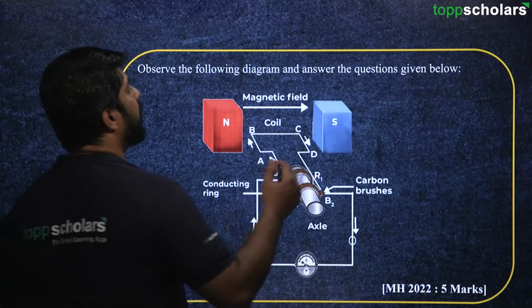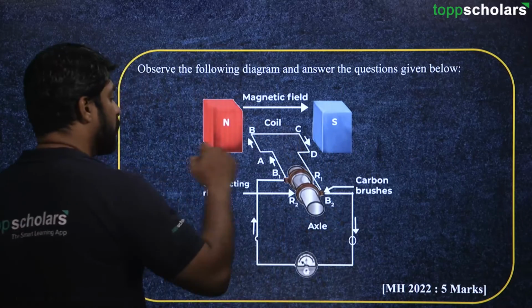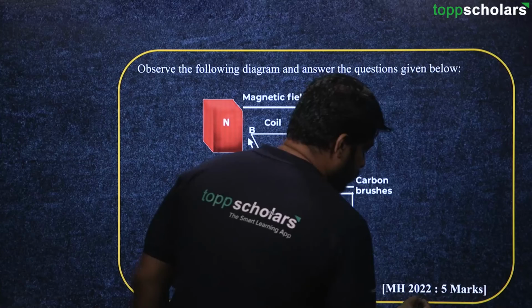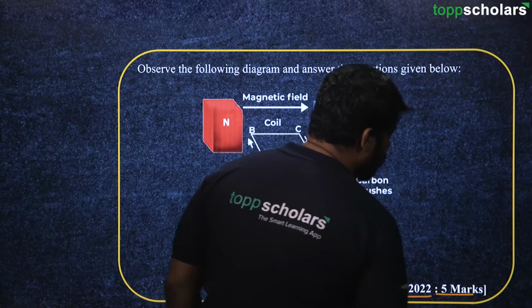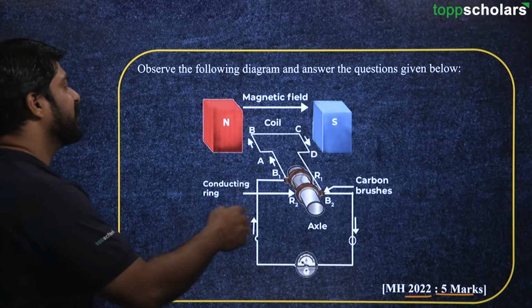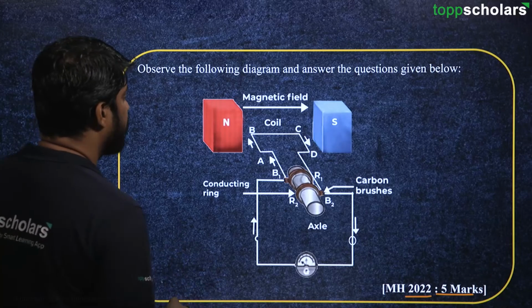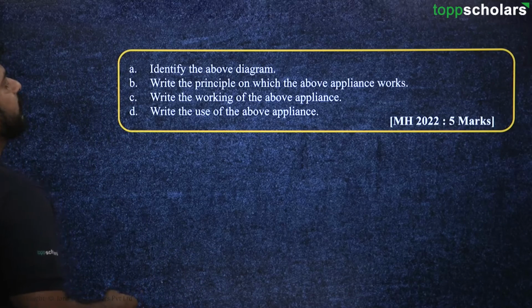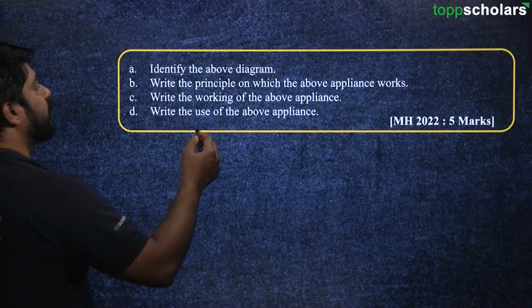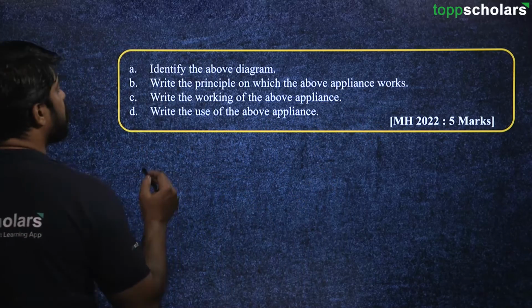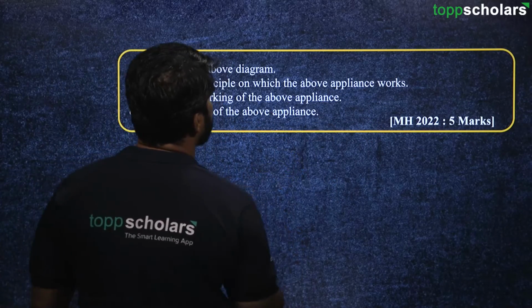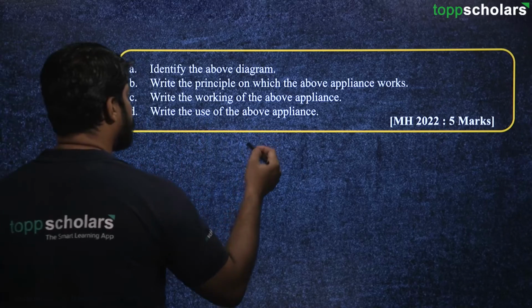Observe the following diagram and answer the questions given below. This we have already discussed. This is from the year 2022 for 5 marks. This is basically the diagram of a generator. Identify the above diagram, write the principle on which the above appliance works, write the working of the above appliance, write the use of the above appliance.